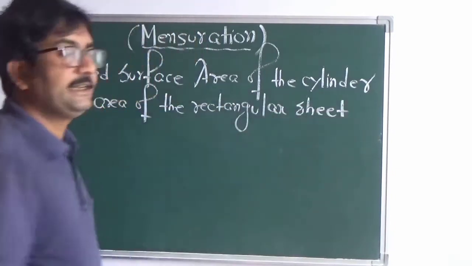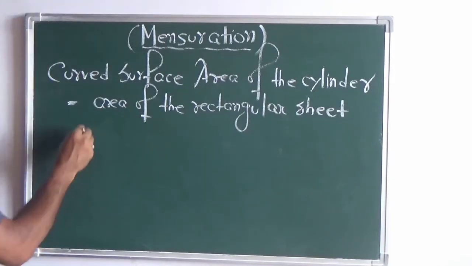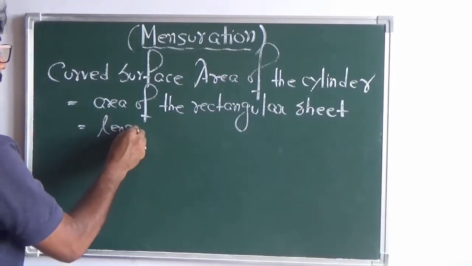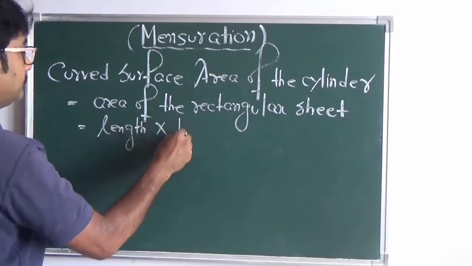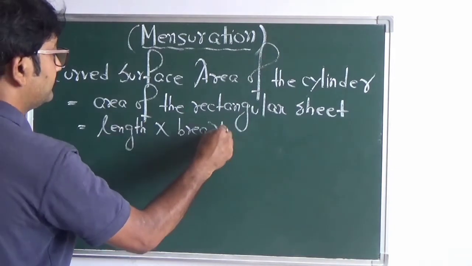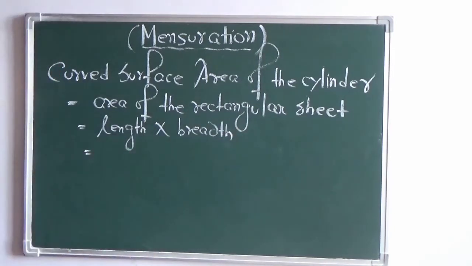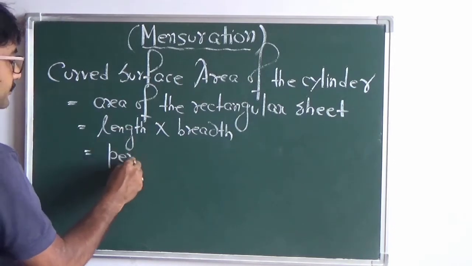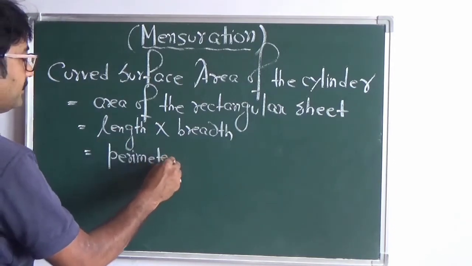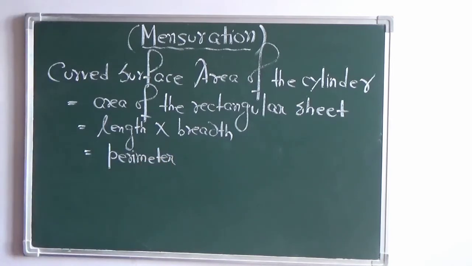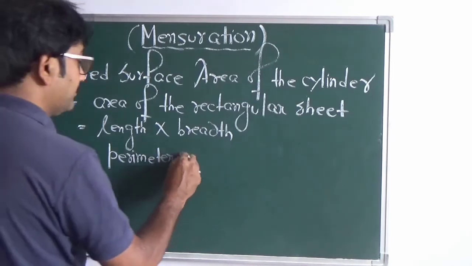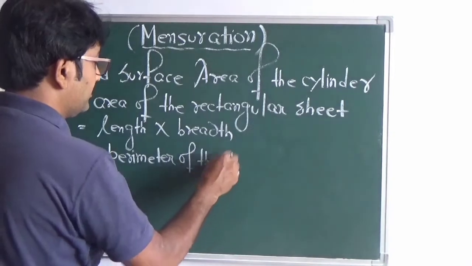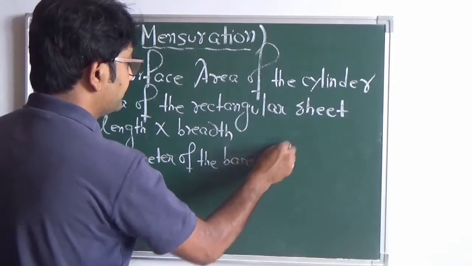And what is the area of the rectangular sheet? Length into breadth. And what is the length of the sheet? That is equivalent to the perimeter, the circumference, equal to the perimeter of the base of the cylinder, the circle.